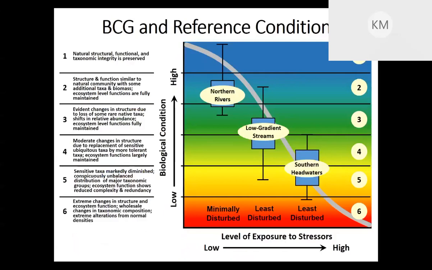If we say we're going to use the 25th percentile, the northern rivers are going to be much more protective than the low gradient streams, and even more protective than the southern headwaters. A particular concern is that the southern headwaters are down in BCG level 5, where we're not comfortable saying that BCG level 5 is attaining aquatic life use goals.